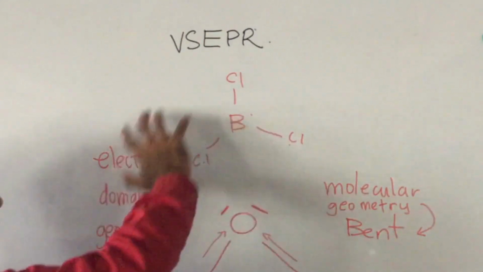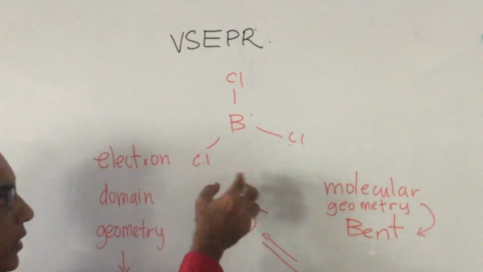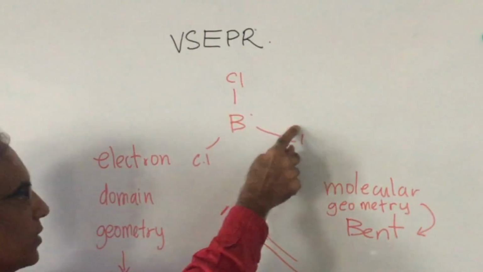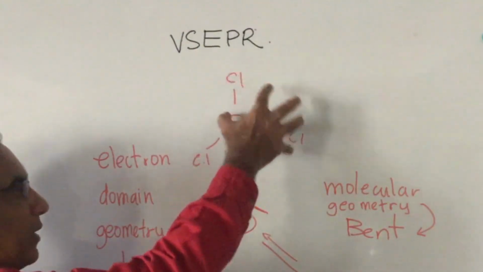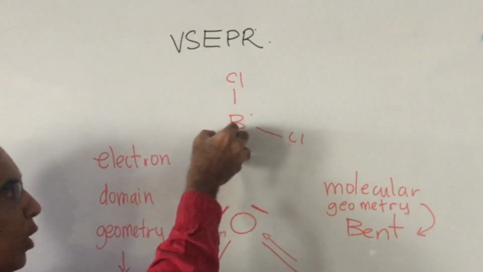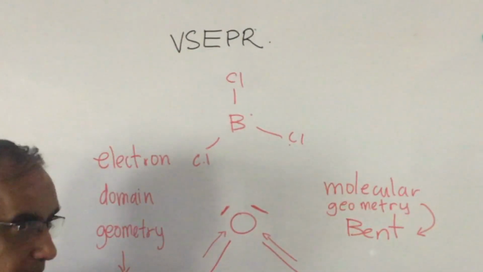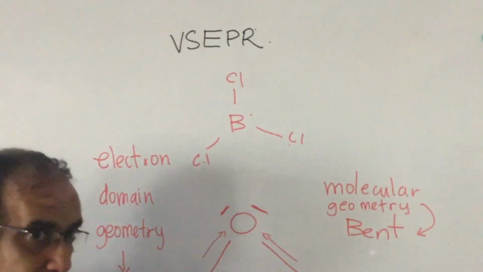But overall, as a molecule, there's no dipole, there's no molecular polarity, because the pull in this direction, and this direction, they all cancel each other off. So there's no molecular dipole in here. There's bond polarity, but no molecular polarity. Whereas in water, there's bond polarity and molecular polarity.